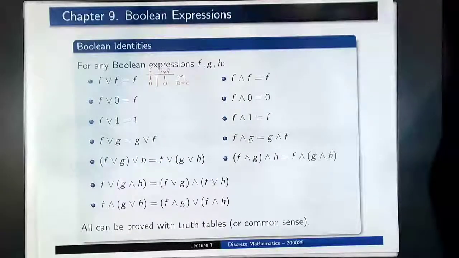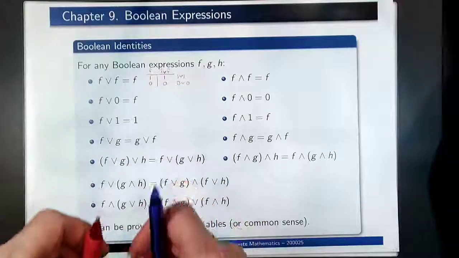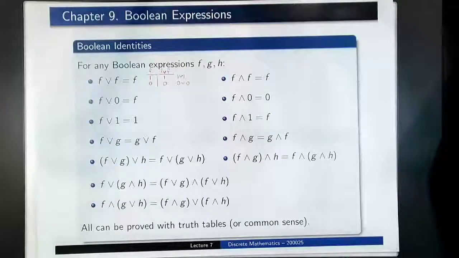Now, if I'm thinking of this as true or false, if I'm saying something is true or true, it's true, isn't it? If I'm saying something is false or false, it's still false, isn't it? If I'm saying the answer is yes or yes, what's the answer? Yes. If I'm saying the answer is no or no, what's the answer?